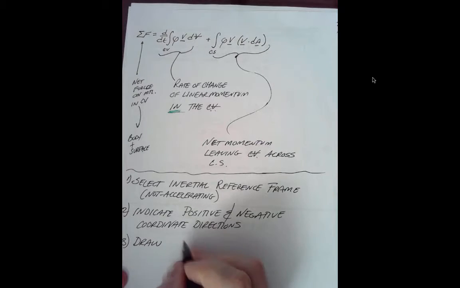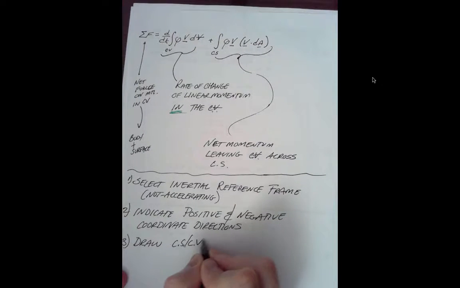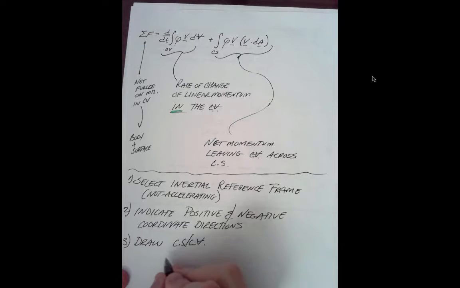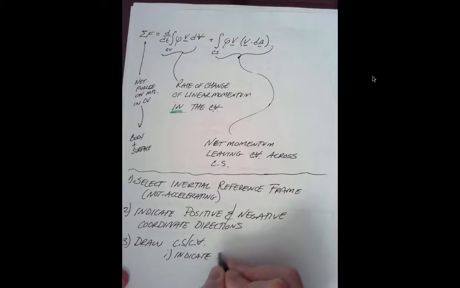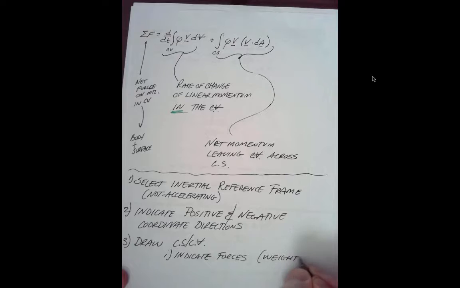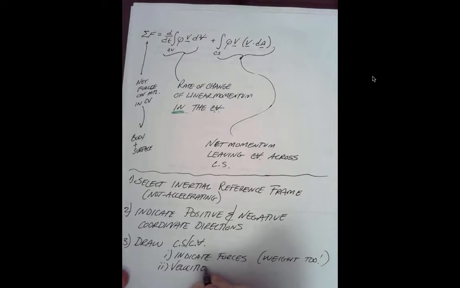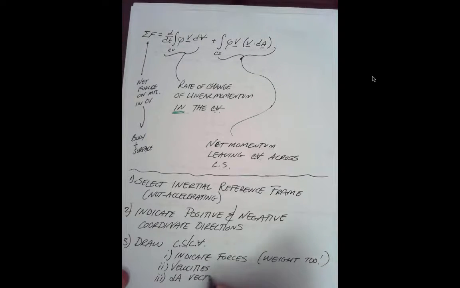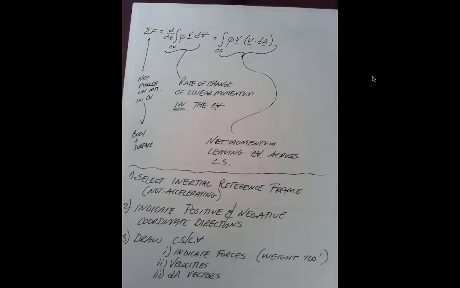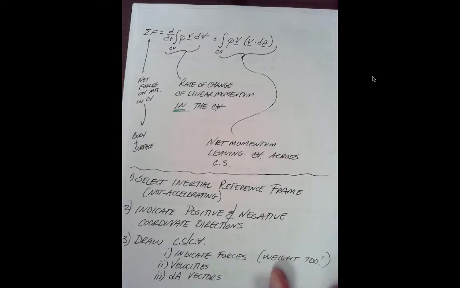Draw the control surface, control volume. On that, indicate forces. Don't forget the weight. Velocities. And the dA vectors. So let's illustrate this with an example.